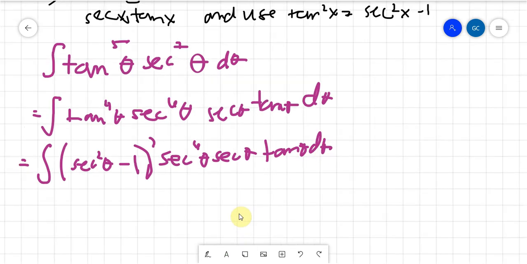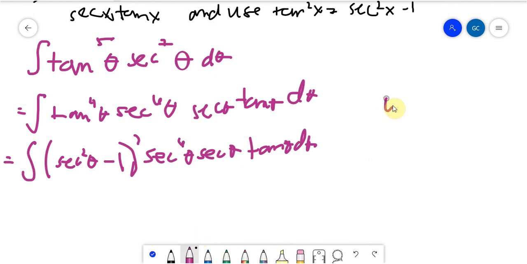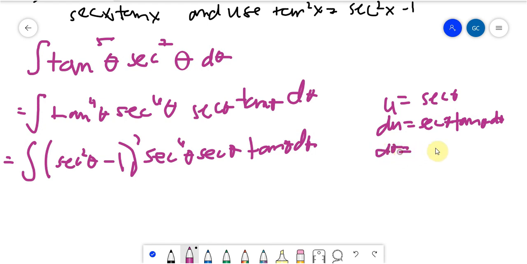Okay, substitution rule, we'll let u be equal to secant theta. Now our du is secant theta tangent theta d theta. So our d theta is very obvious, du over secant theta tangent theta.